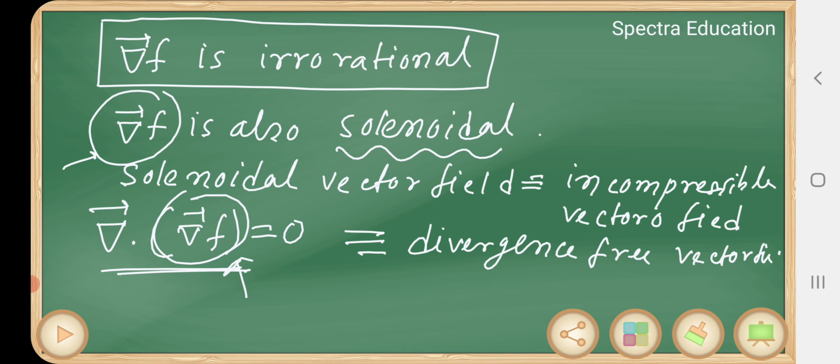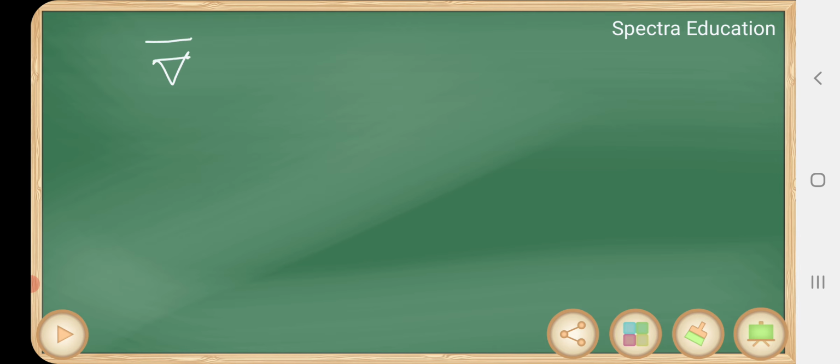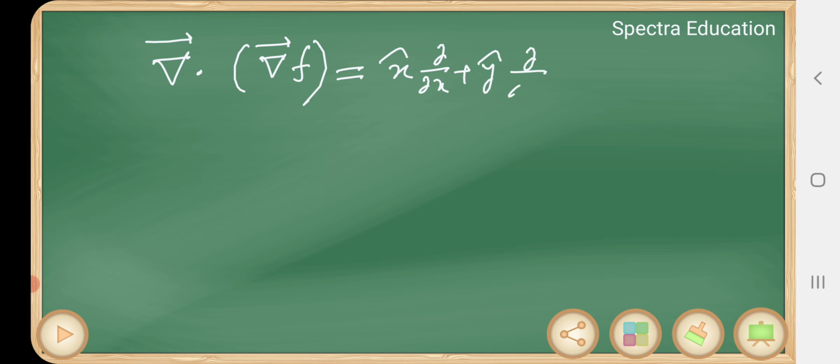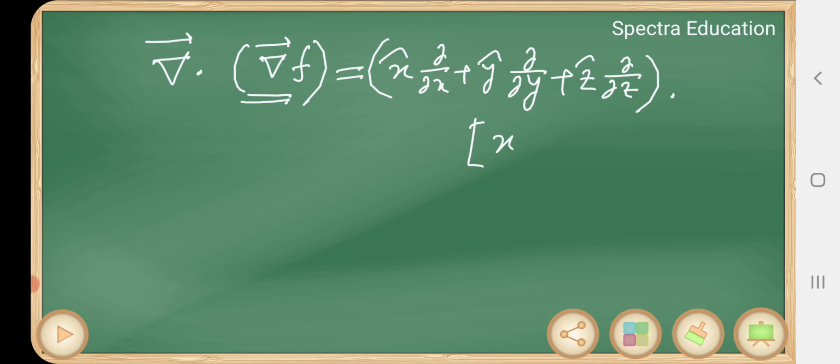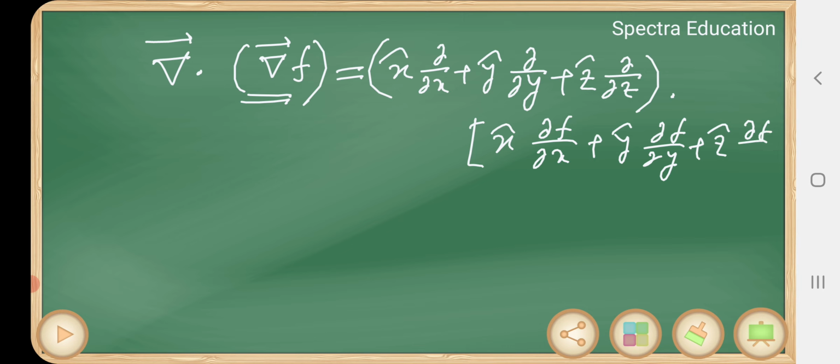So let's check what is the condition for which this divergence will be 0. We have the divergence of gradient of f, and explicitly it is x cap del del x plus y cap del del y plus z cap del del z, dotted with x cap del f del x plus y cap del f del y plus z cap del f del z.